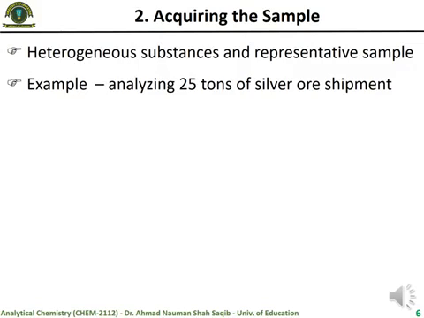So taking a sample from such a bulk heterogeneous sample is a really tough ask. So in such a case, how are we going to analyze that 25 tons of silver? We cannot analyze all of it. Definitely we mostly perform an assay for ore, to analyze the amount of any metal.